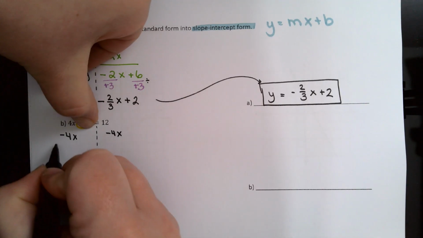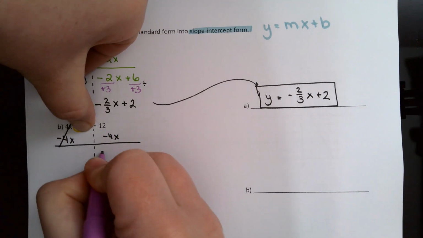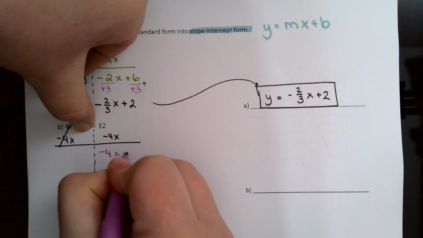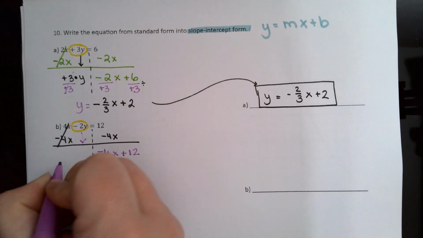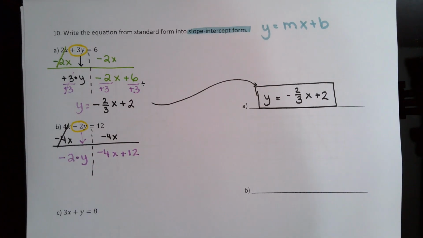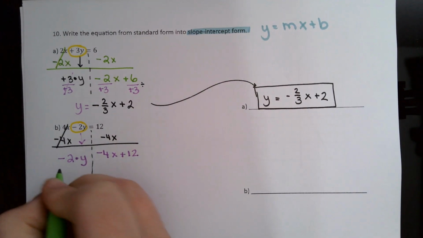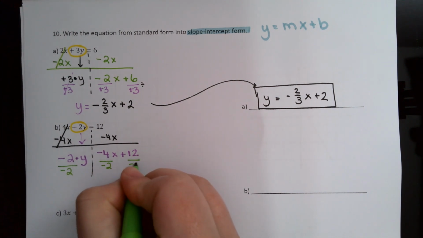Again, do not actually combine. You're just going to write them next to each other. Negative 4x, positive 12. Bring down your term. So here you have to be careful because now you have a negative 2 times y. So when you are dividing, you are going to be dividing by that negative 2.